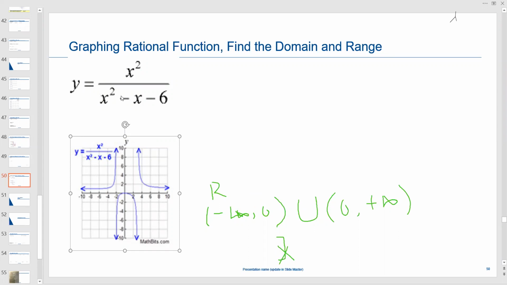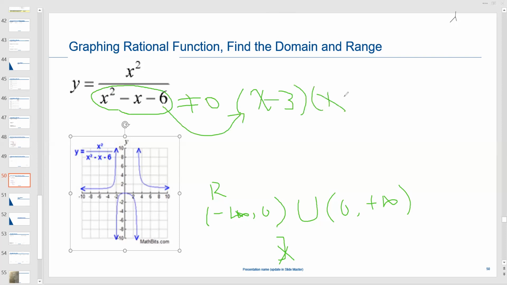when the denominator cannot equal 0, right? So x cannot equal. Right here, it's just based on the factor process. You can well know that this part can be factored into x minus 3, x plus 2, right?